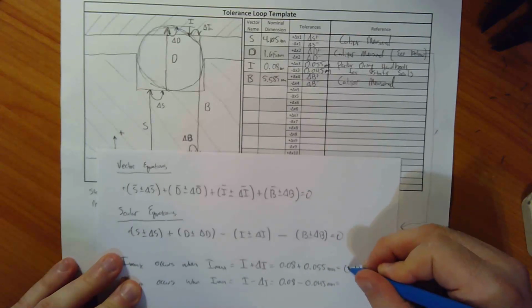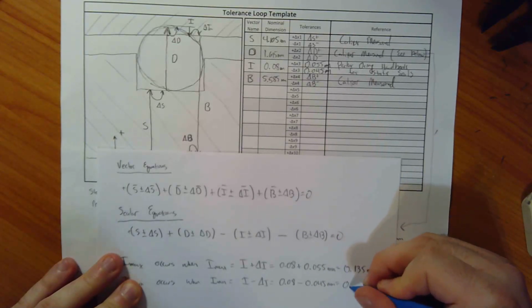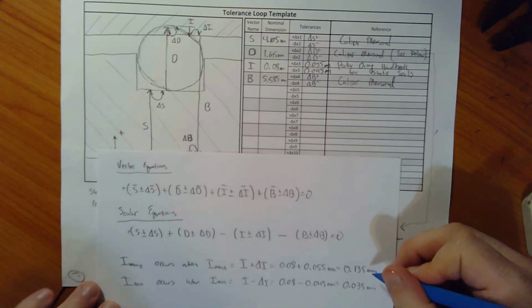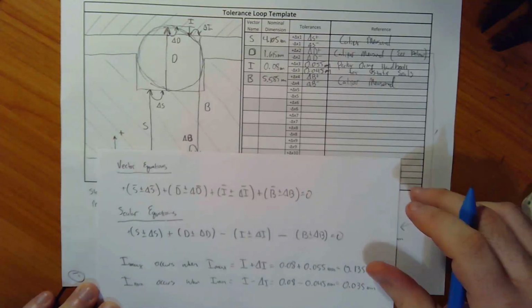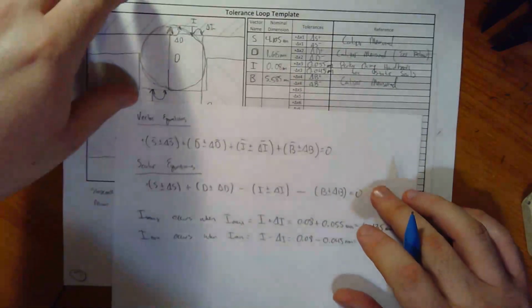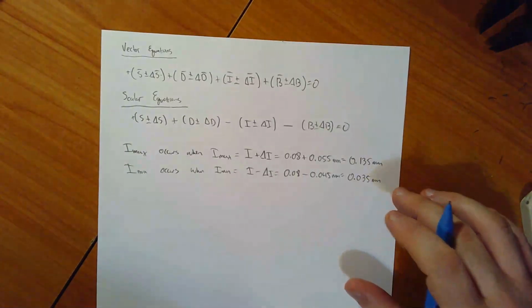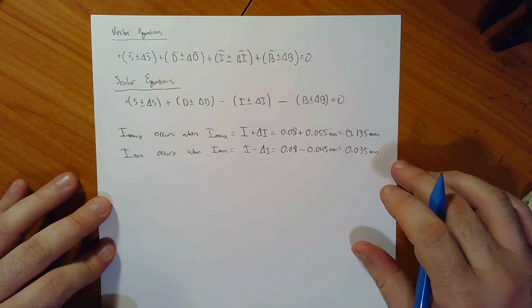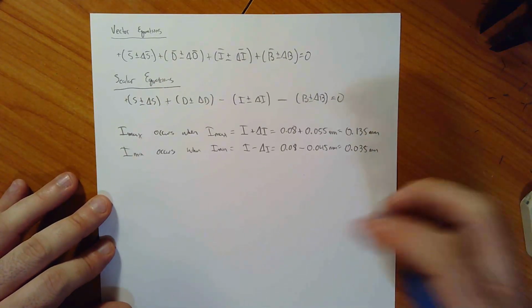And so that gets me 0.035 millimeters. Okay, so there's my I max and my I min. Now I can get this out of the way. I have all the information that I need to just run through the math and get those unknown tolerances that I had in the previous video.